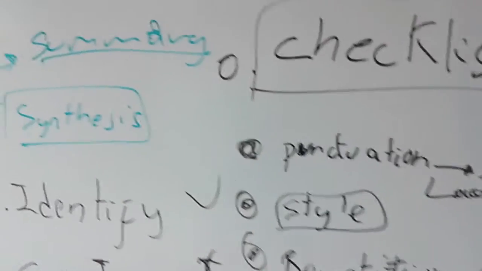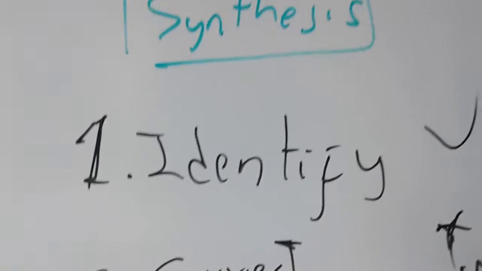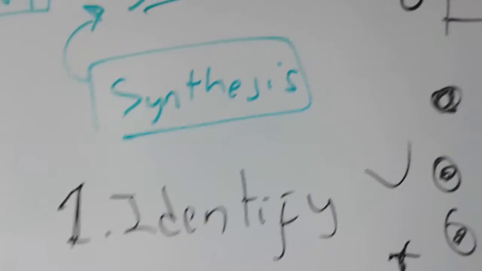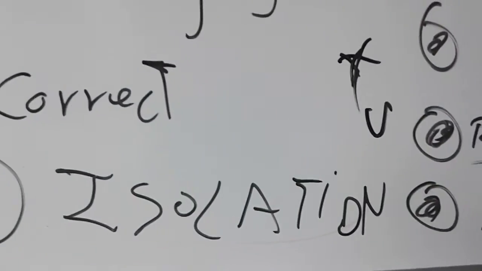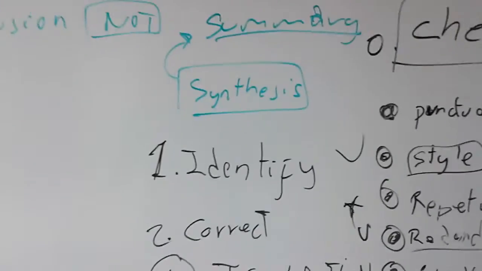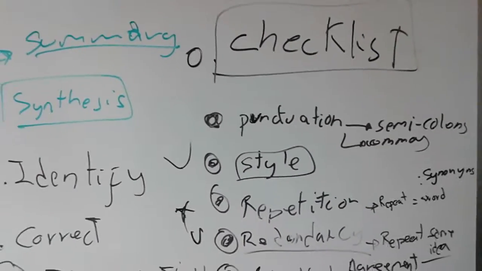And once you do your own checklist, you want to identify those mistakes and then correct those mistakes. And something very important, in isolation. Correct in isolation. You go, I'm going to check only the commas of my whole essay, one by one. Once you have done it, check.